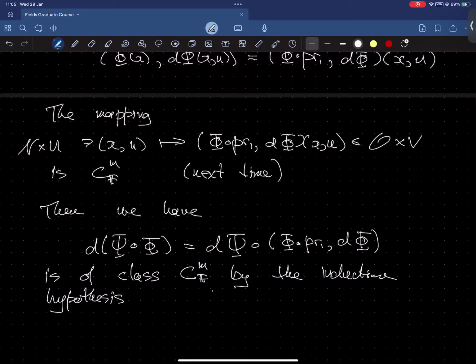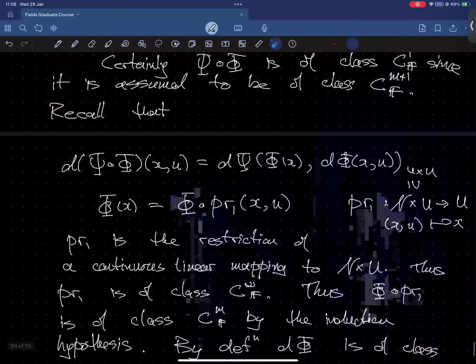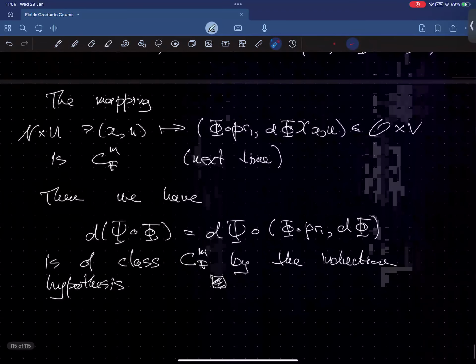There's a lesson that comes out of this. You can very often prove useful things just by writing a formula like this, writing it as a composition of things, like I've done here.